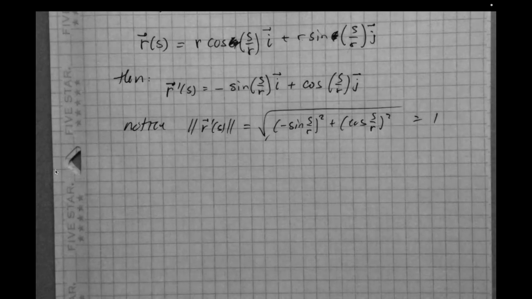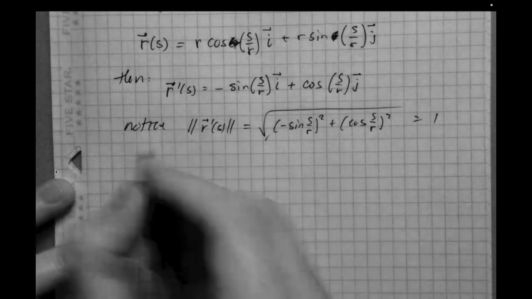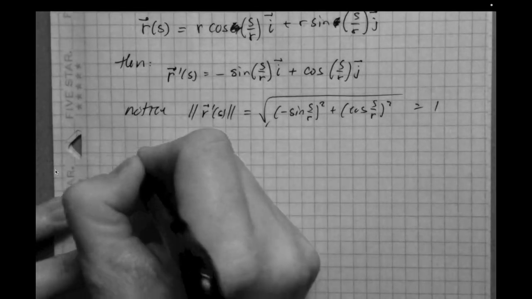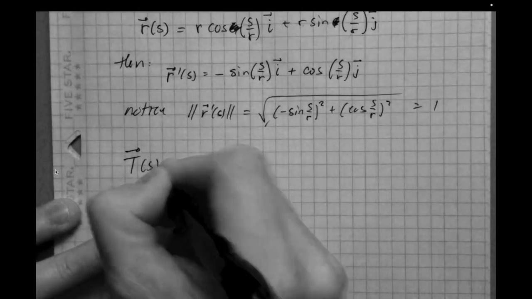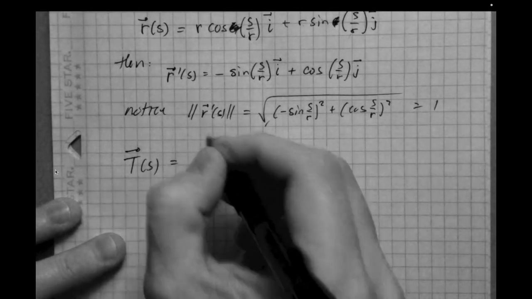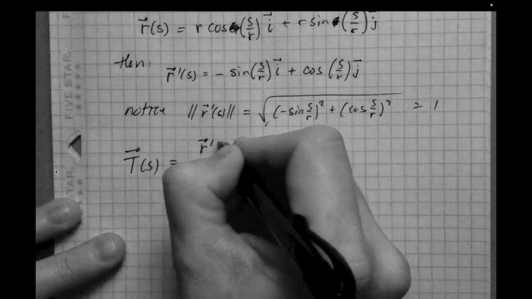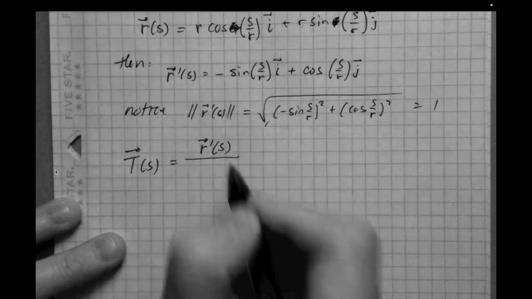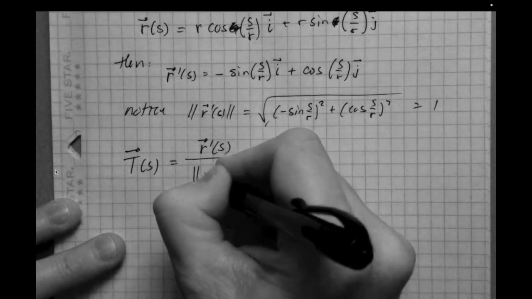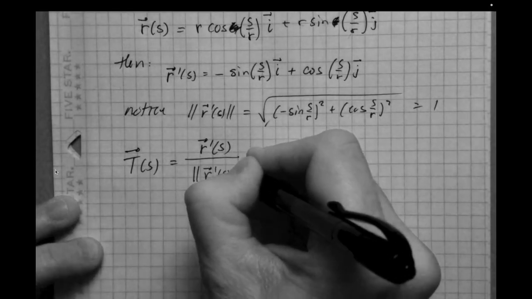So now what we want to do is find the unit tangent vector. Do we remember how to find the unit tangent vector? Well, the unit tangent vector, recall, was equal to the derivative of r divided by its norm. This is from the previous section.